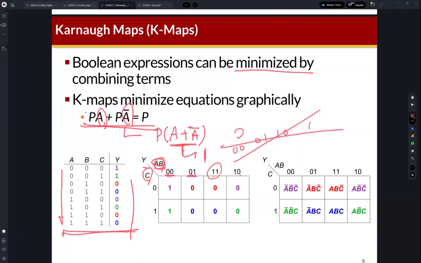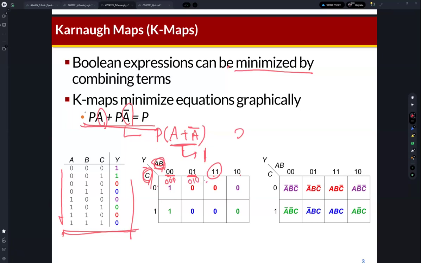Then C has only one input, so it's 0 and 1. This is A, B, and this is C, so this is 000, and this one is 010.